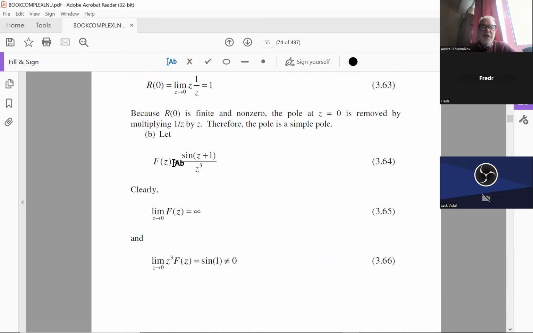Now we go to this function. We can look at limits, but it is better to have heuristics. We understand that this pole is of degree 3. If we multiply by z cube, we get sine 1, and it is non-zero. So this is a pole of degree 3.